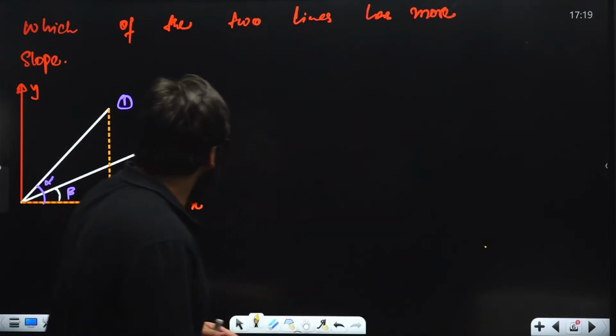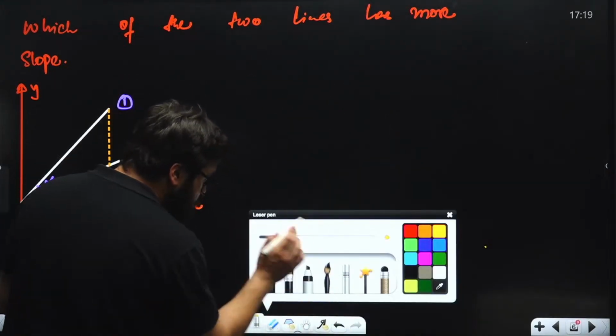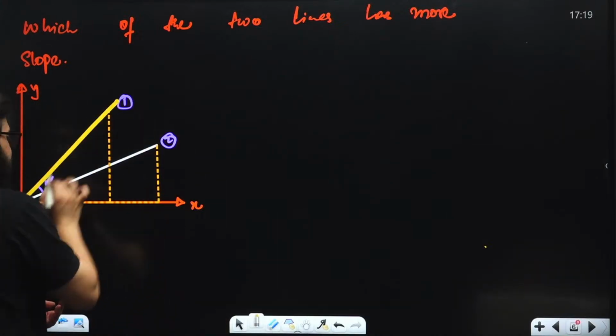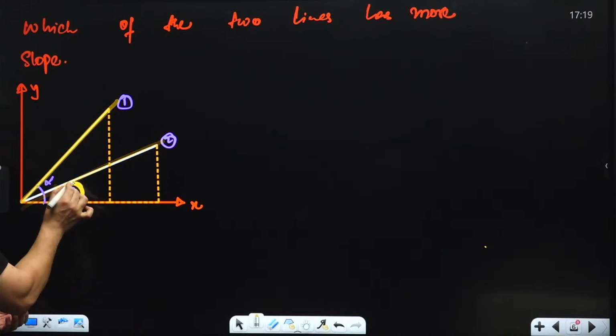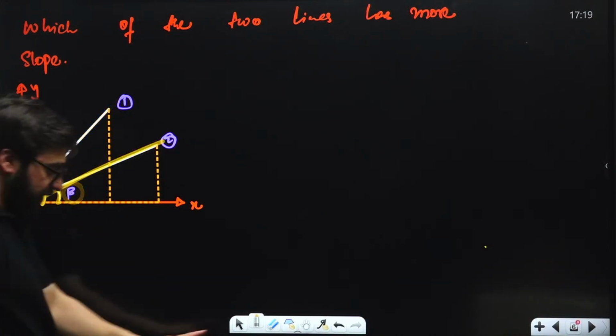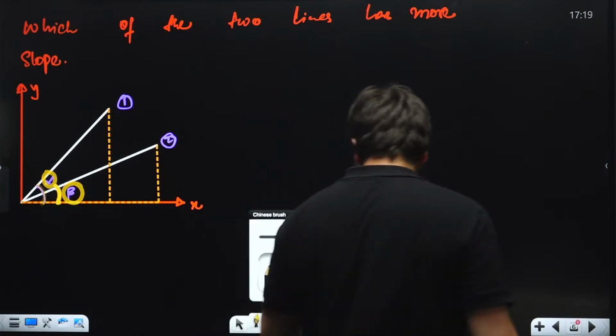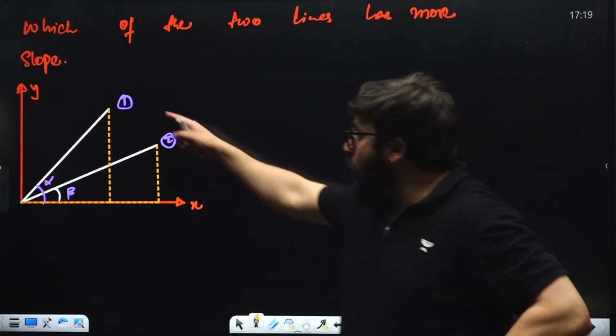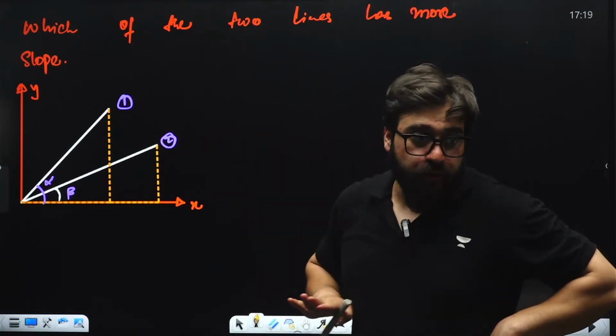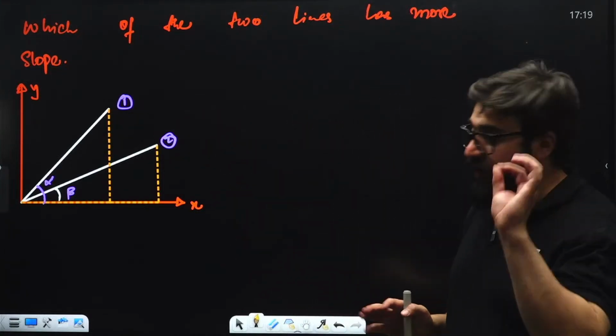Now, guys, see. Let's suppose we have got the 2 graphs over here. This is making an angle of beta. This is making an angle of alpha. In this particular case, you are supposed to compare the slope of 1 and 2.